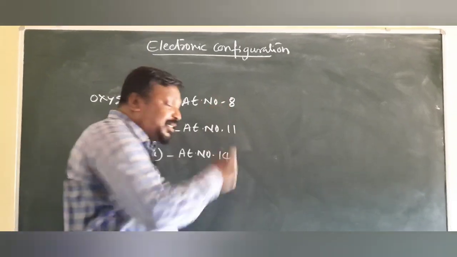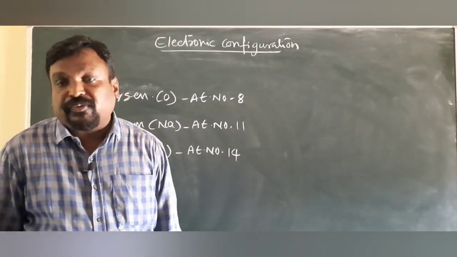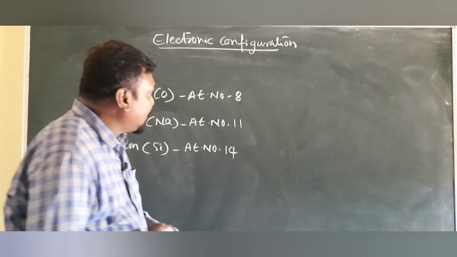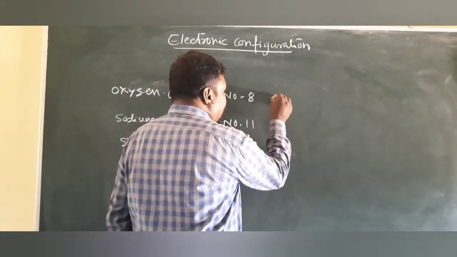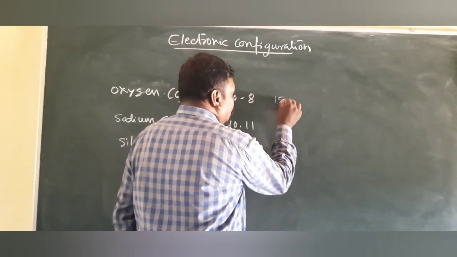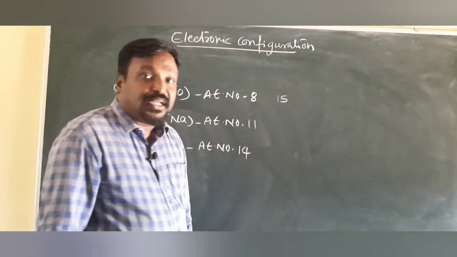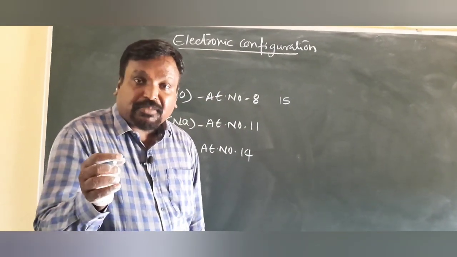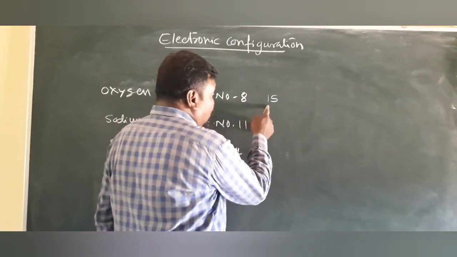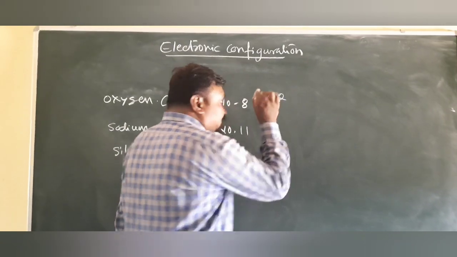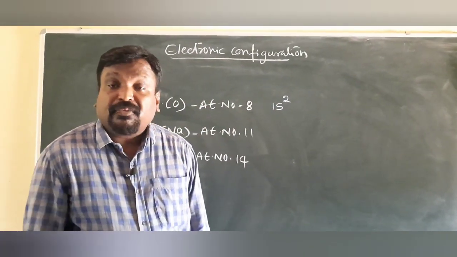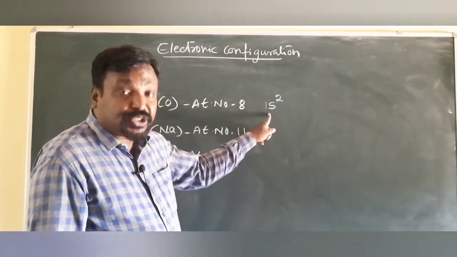I have to write the electronic configuration of oxygen. Come to the first shell, that is the K shell. Here we have the subshell 1s. What is the maximum number of electrons in the first shell? That is 2. It is 1s2.